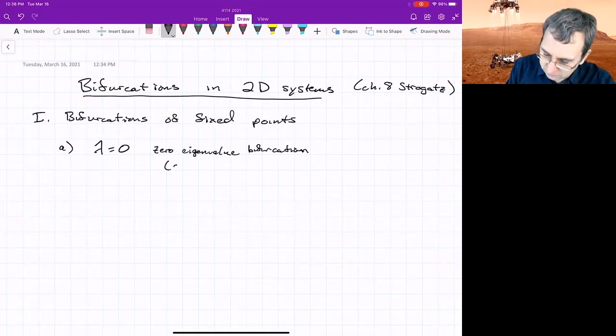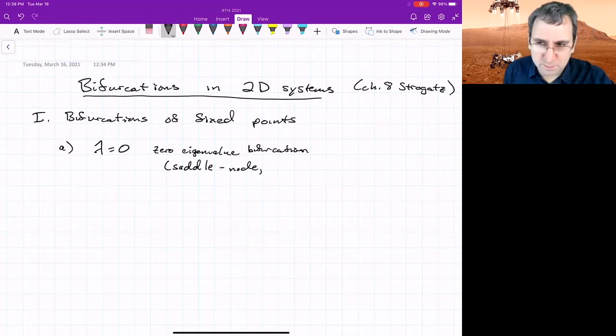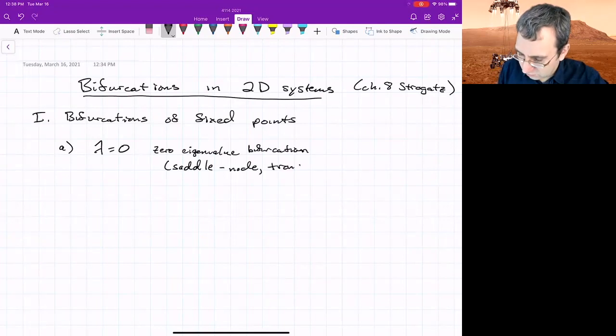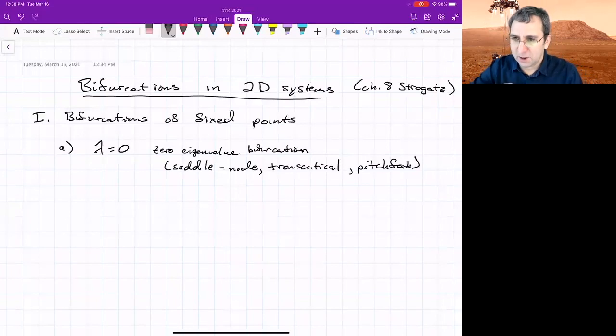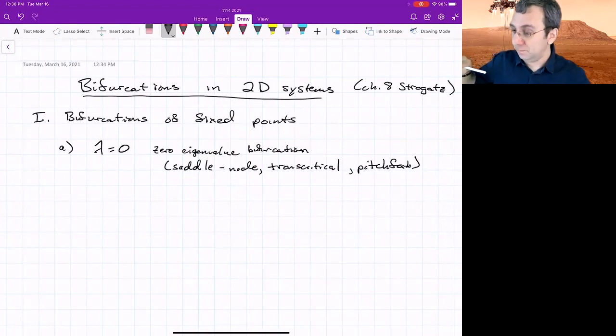And this will give rise to the same sort of bifurcations we looked at before when we talked about 1D systems. So saddle node, transcritical, pitchfork. And what we'll see is that all of the action related to these eigenvalues happens along a one-dimensional subspace. And that's why we focused so much on the 1D systems.